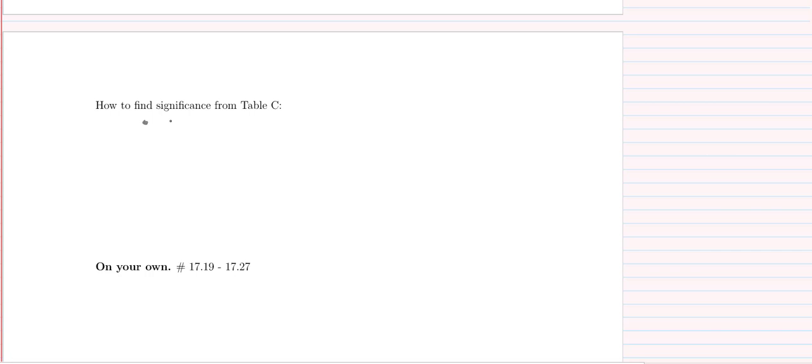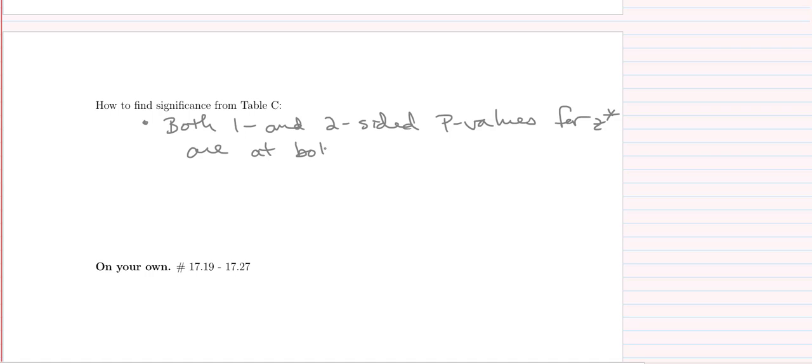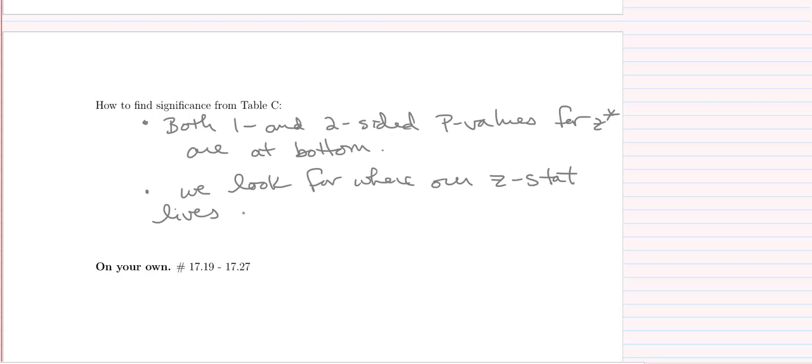Okay, so again, our steps are: both one and two-sided p-values for z star are at the bottom. So we'll look there. And then we look for where our z-statistic lives compared to the z-star.